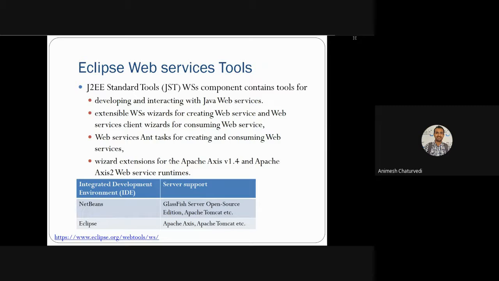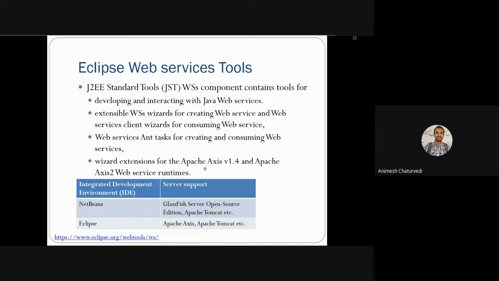Web service Ant tasks are used for creating and consuming web services for build and deployment purposes. Thereafter, the fourth part is server management, meaning what servers actually deploy that web service. So the wizard extensions are Apache Axis and Apache Axis web service runtime.